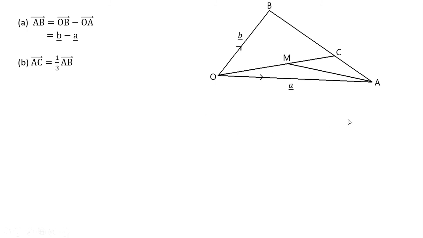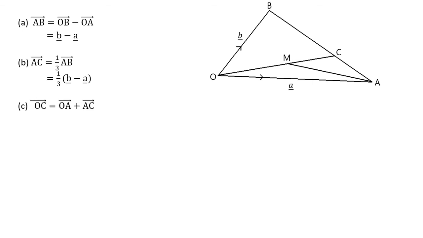Vector AC is 1 over 3 of vector AB. The question is saying AC to CB is 1 to 2. So what we are supposed to do is to add 1 plus 2, which is going to give us a 3. So vector AC is 1/3 of vector AB. Where there's AB, we'll replace our B minus A. So we are going to say vector AC is equal to 1 over 3, open your bracket, B minus A.